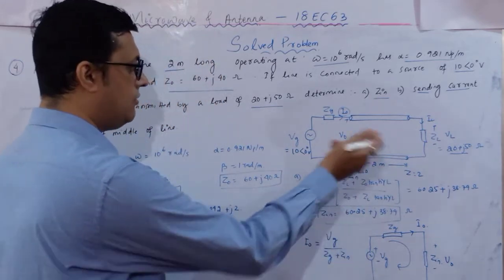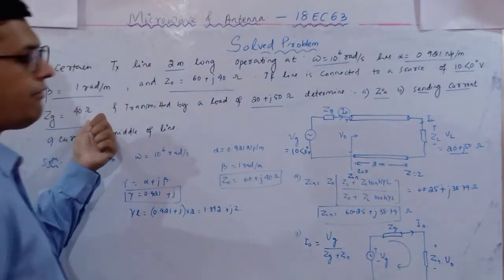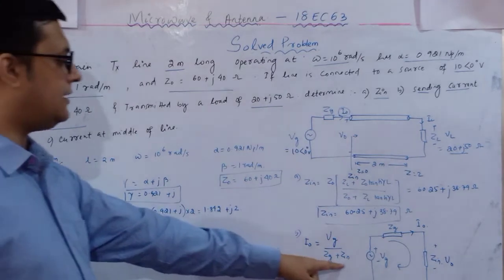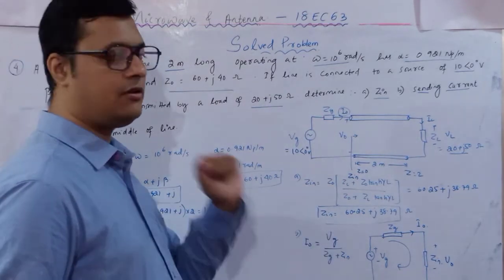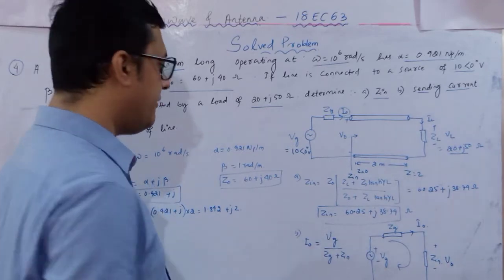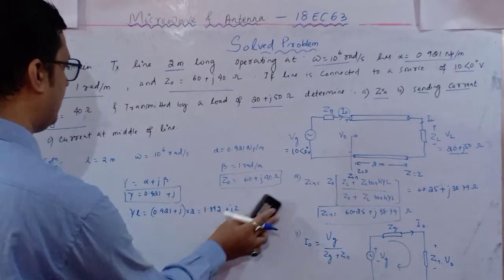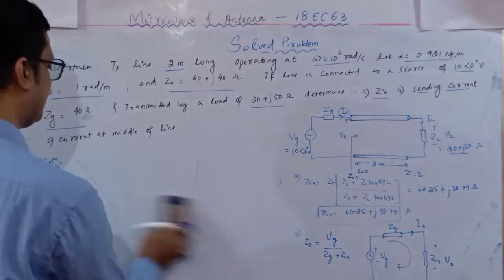So Vg is known, 10. Zg is known, 40 ohm, and input impedance is 60.25 + j38.79.